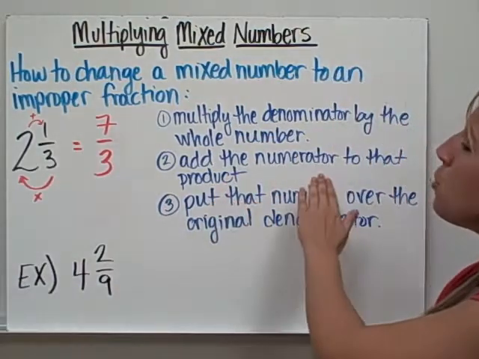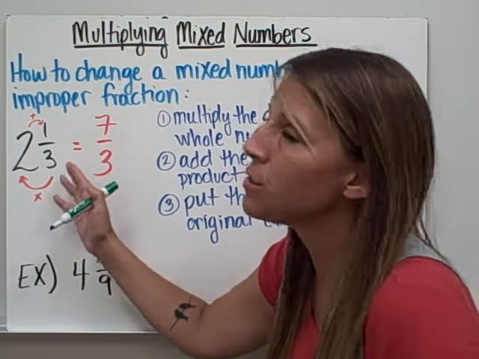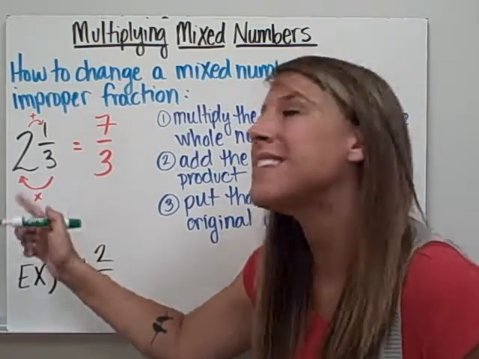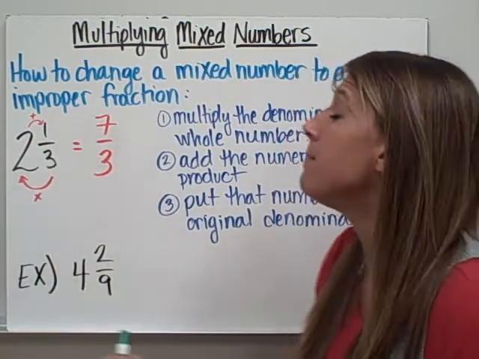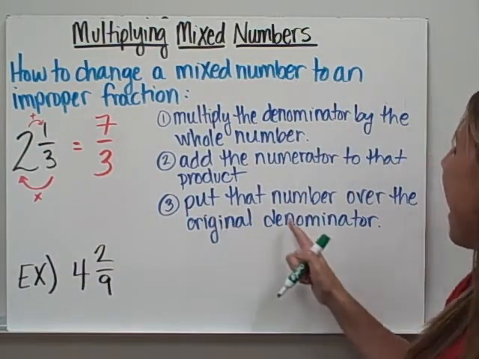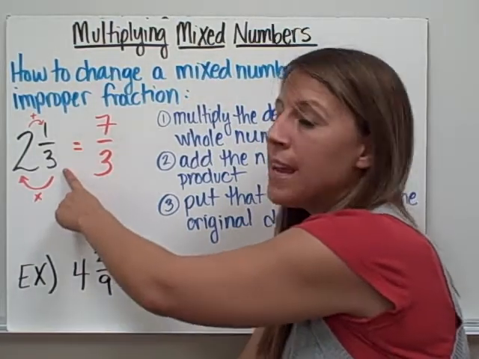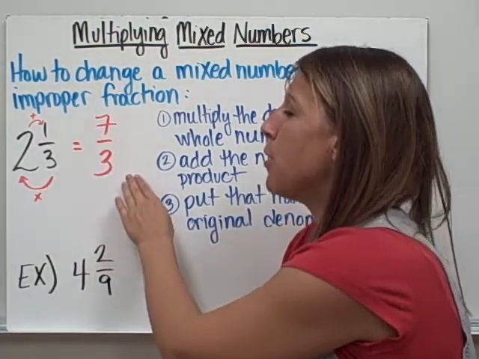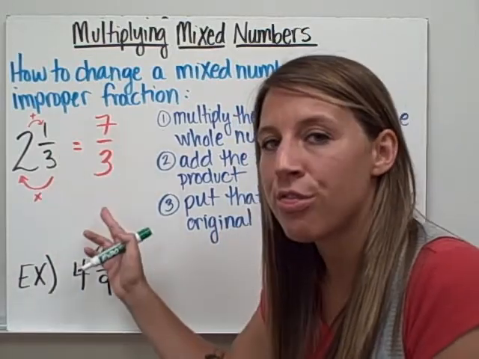Then I add the numerator to that product. I take this numerator 1 and add it to 6 to get 7. And then I put that number over the original denominator. The original denominator is 3, so I put the 7 over 3. 2 1/3 is equivalent to 7/3.